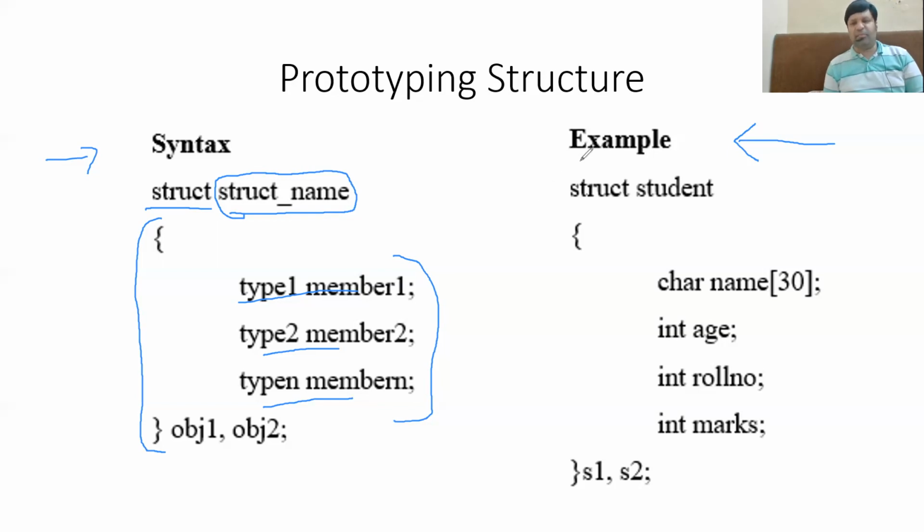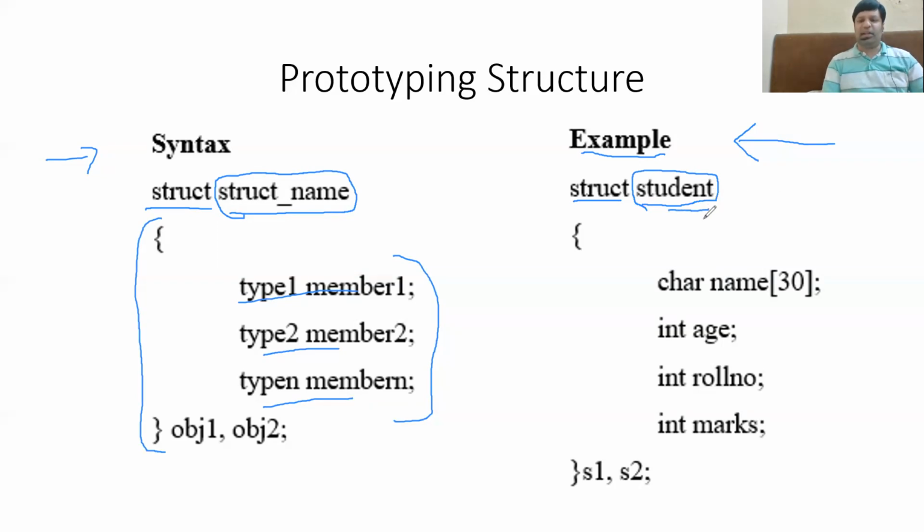Now here is an example of how you can prototype or declare a structure. struct is the keyword, so it will always be the same. Now this is a legal identifier as it is a combination of alphabets only. So we are creating a new user-defined data type which will be a structure. The name of that data type will be student.